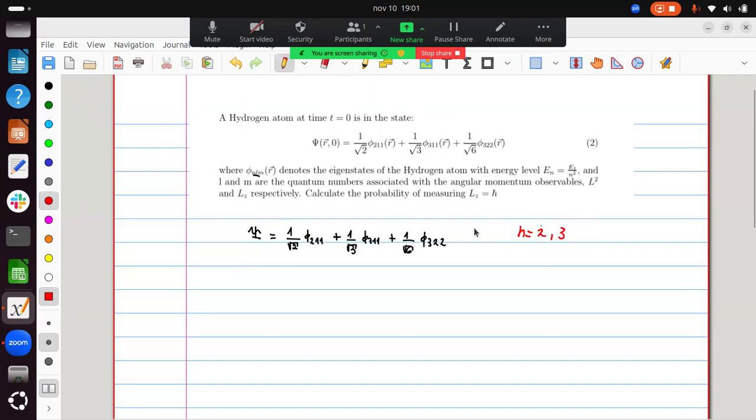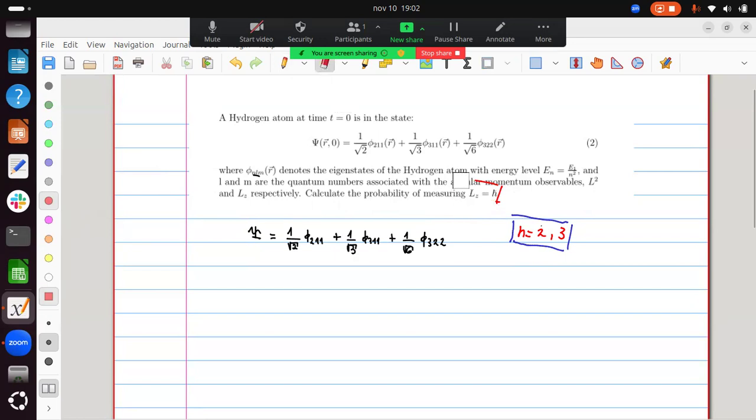So with these considerations, we are going to solve the probability for the condition that they are asking us, that we want to measure the next observable: that the orbital angular momentum needs to be equal to this quantity.